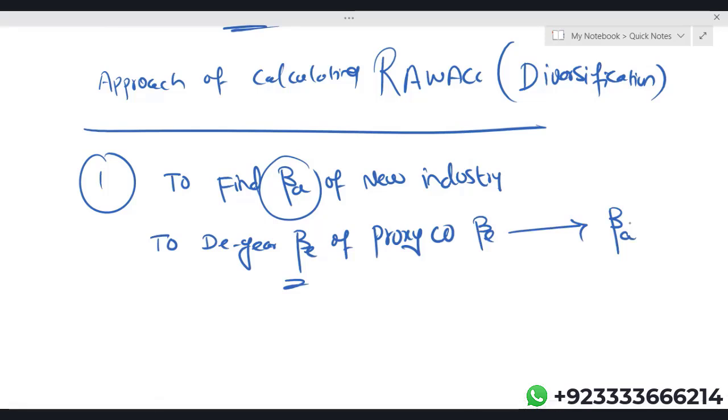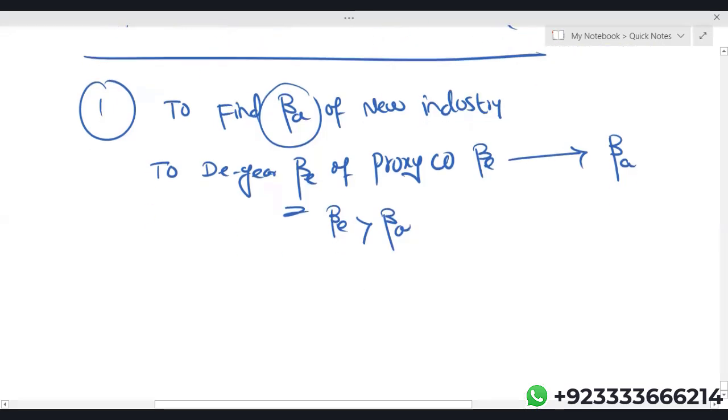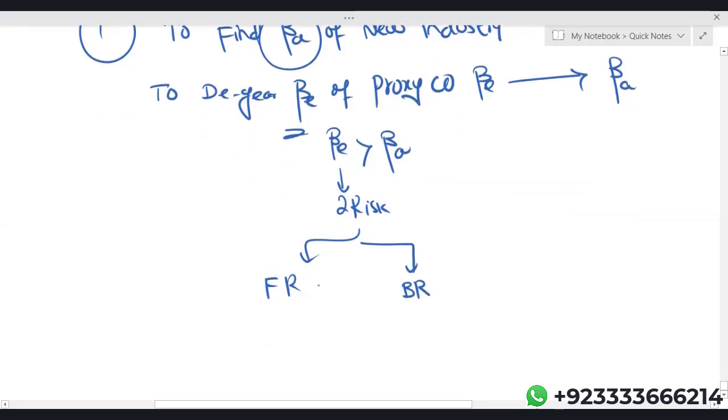In these steps, student, never forget one thing. Beta equity will always be higher than beta asset. Why? Because beta equity is a two risk beta. It measures financial risk and business risk. Financial risk relates to your financial gearing, debt, loan. When there is a loan in the business, you have to face the financial risk. Business risk means simply fluctuation in your operating profit.